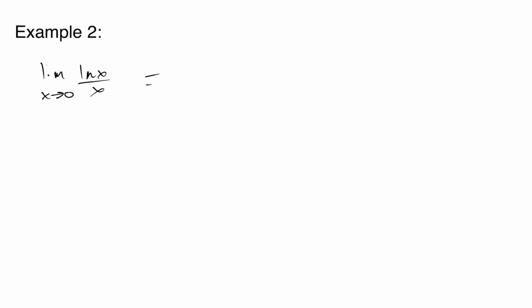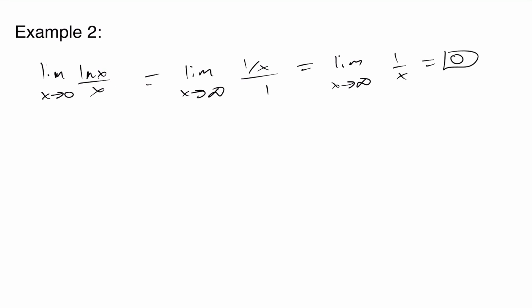So when we find the derivative, we'll get the limit as x approaches infinity of 1 over x over 1, which is equal to the limit as x approaches infinity of 1 over x, which is equal to 0. So the limit for this expression is 0.